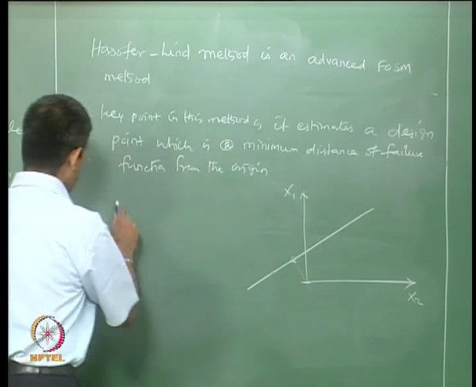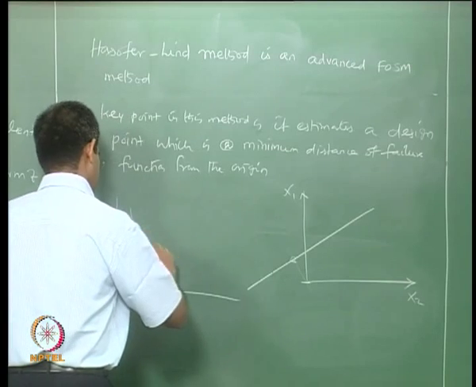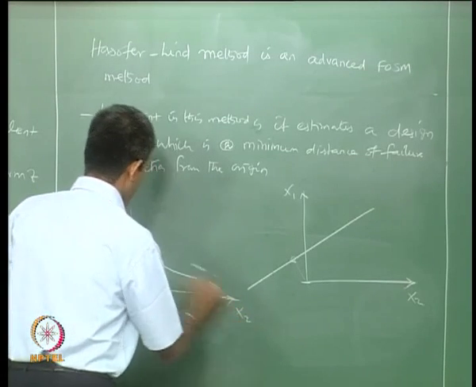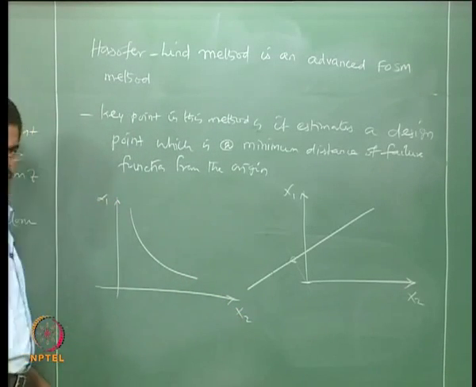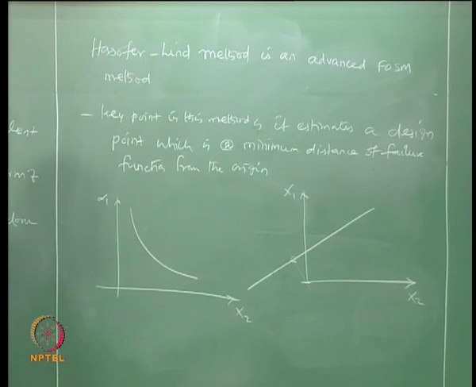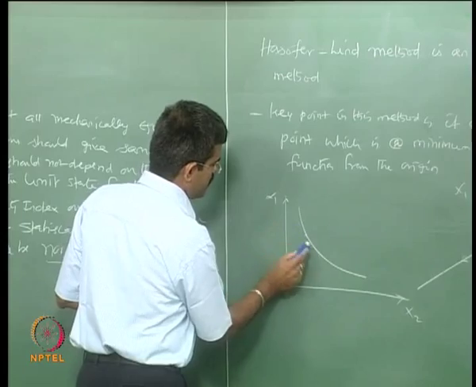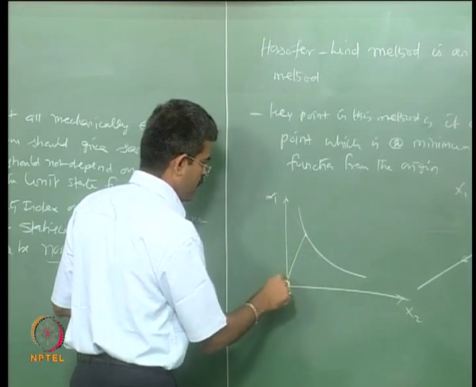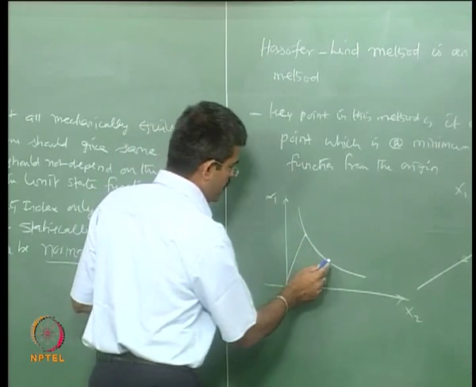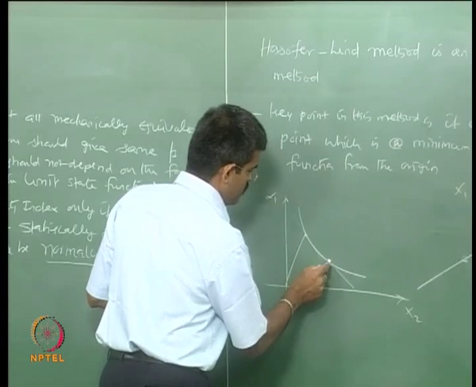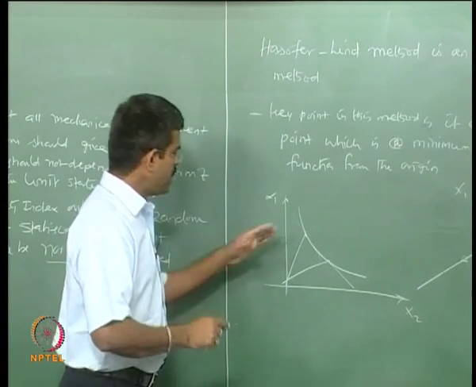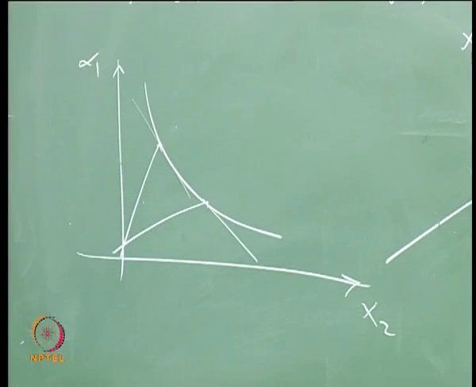If the function is nonlinear, for example, then if I take a point here and draw a tangent and say this is my minimum point, if you take a tangent here, you will say this is my minimum point. So, beta keeps on varying, is that clear?